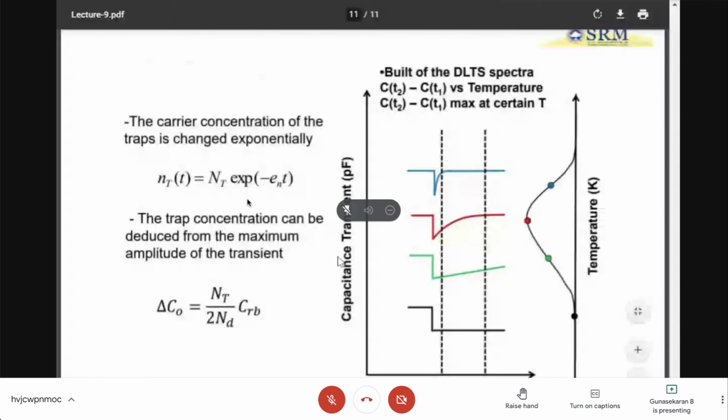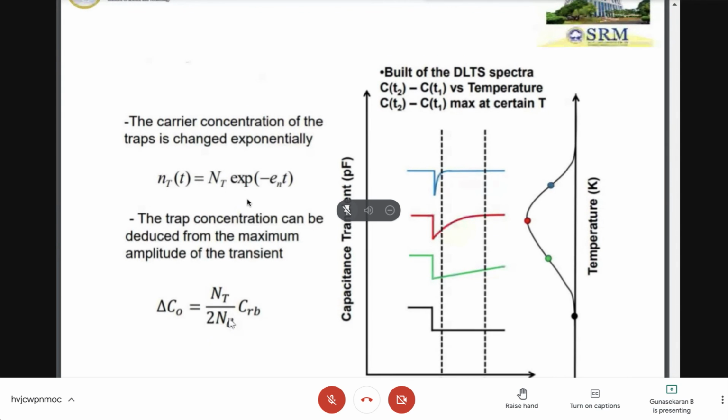This is a capacitance transient. You remember this equation: delta C naught is equal to NT by 2 ND into CRB. ND is nothing but the donor concentration, the carrier density, and CRB is the capacitance in the reverse bias condition. Small nT and capital NT you already discussed.